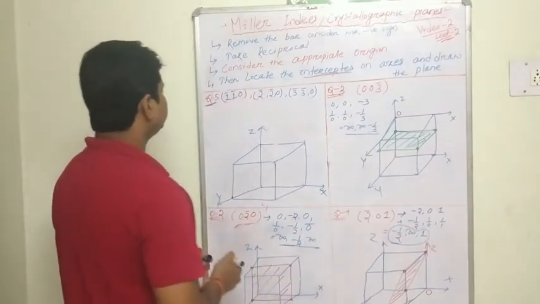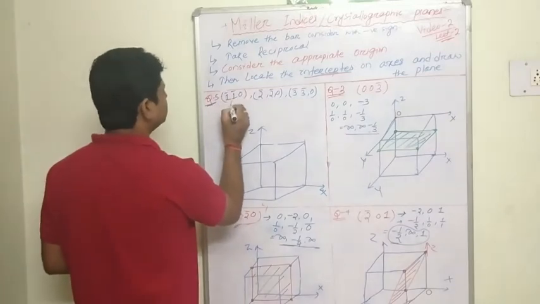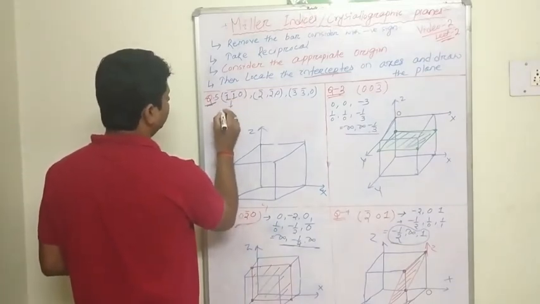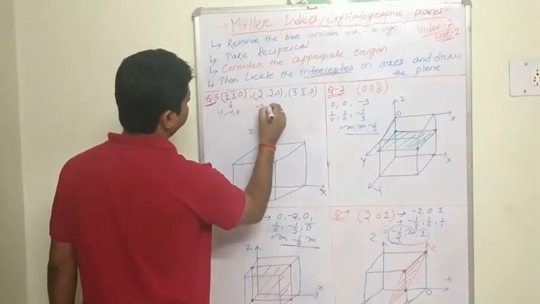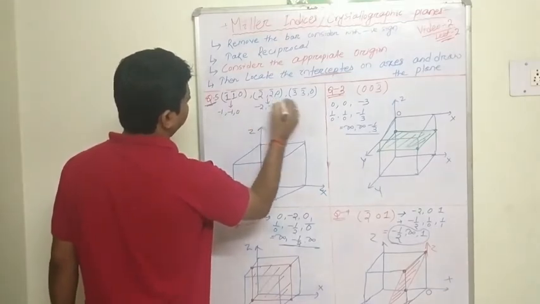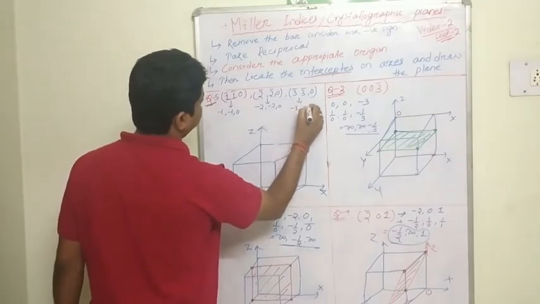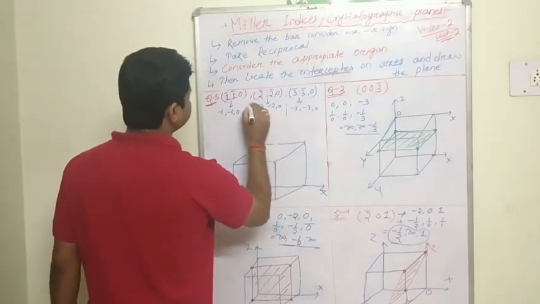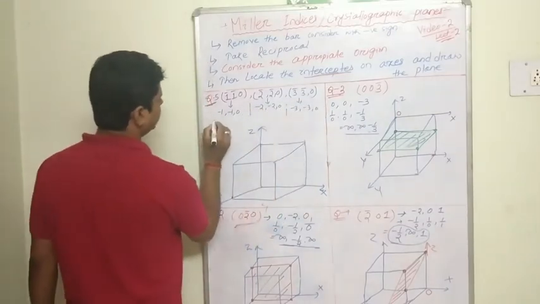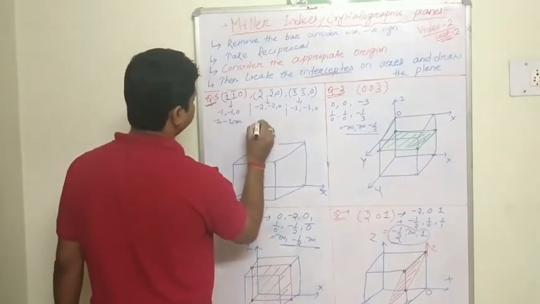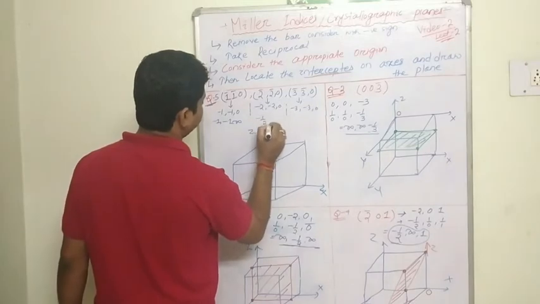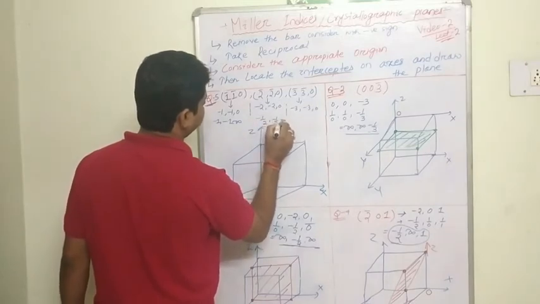Okay, so what we have to do? First we have to remove the bar, that will be -1, -1, 0, it will be -2, -2, 0, and it will be -3, -3, 0. Then we have to take the reciprocal, it will be -1, -1, infinite, and it will be -1/2, -1/2, infinite.